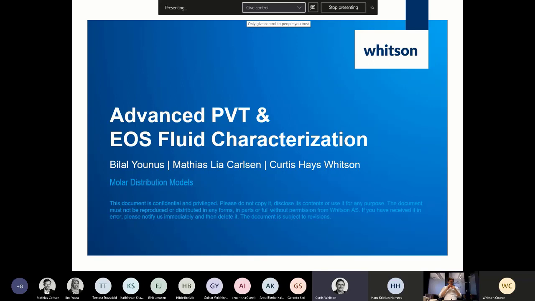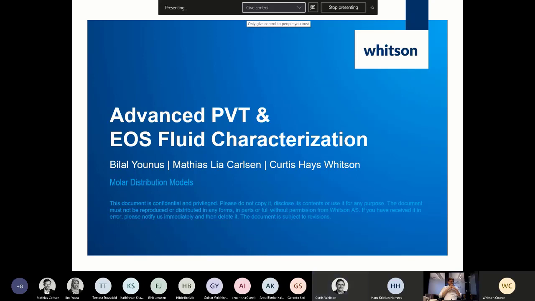I don't remember the exact parameters that he changed, but it was basically the properties of the C7 plus fractions, maybe some BIPs. I started looking at the amount of correction he had made to these properties, and they were just huge. I mean, 20, 30, maybe 40% change.